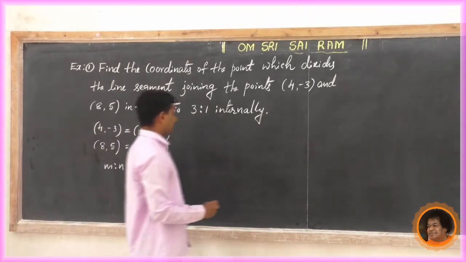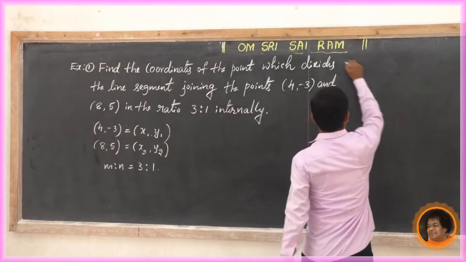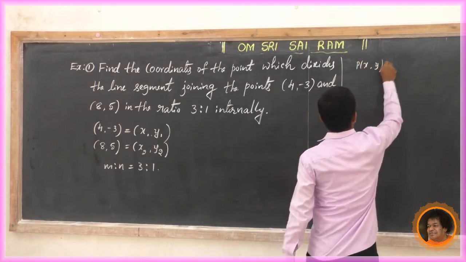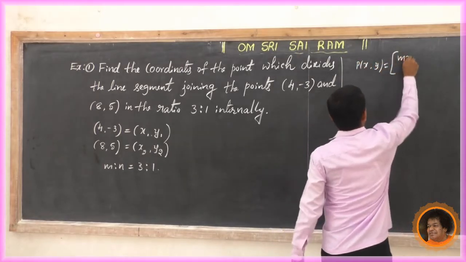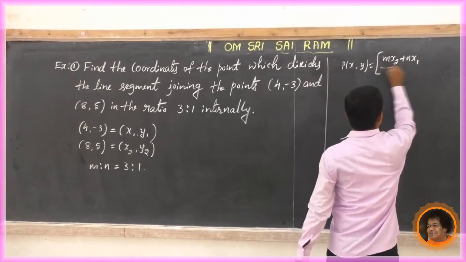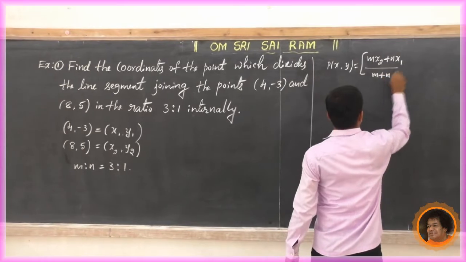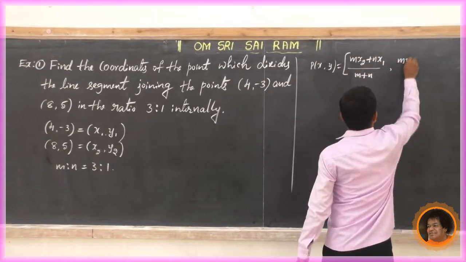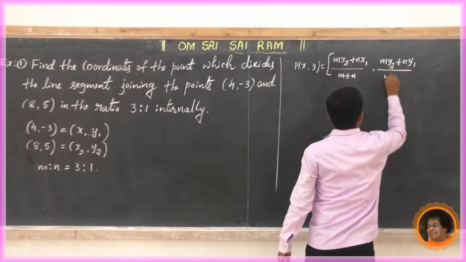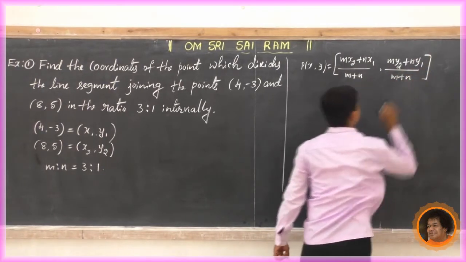Now using the section formula, P of x, y equal to mx2 plus nx1 divided by m plus n, comma, my2 plus ny1 divided by m plus n.